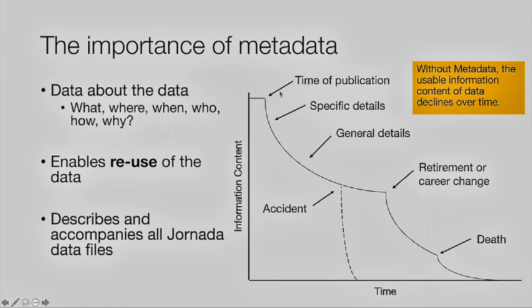So after data are collected and published, without metadata, details about that data set can be lost over time as things are forgotten, as personnel change, as file formats change, or other things decay the value of a data set. So one of our primary goals in the Jornada data management system is to collect this quality metadata and attach it to our data sets so that we don't lose information about them. So any Jornada data set should be accompanied by quality metadata files.